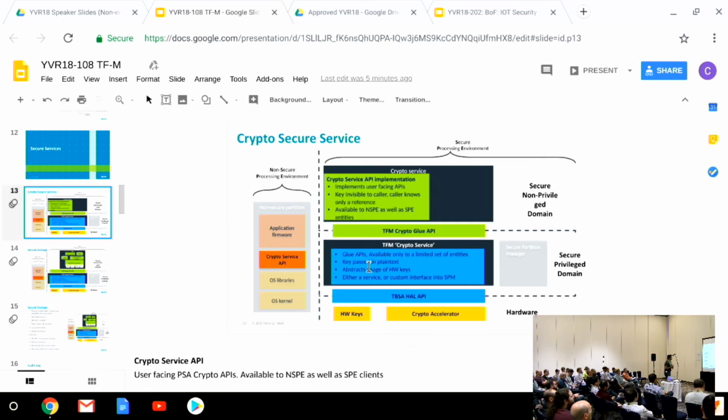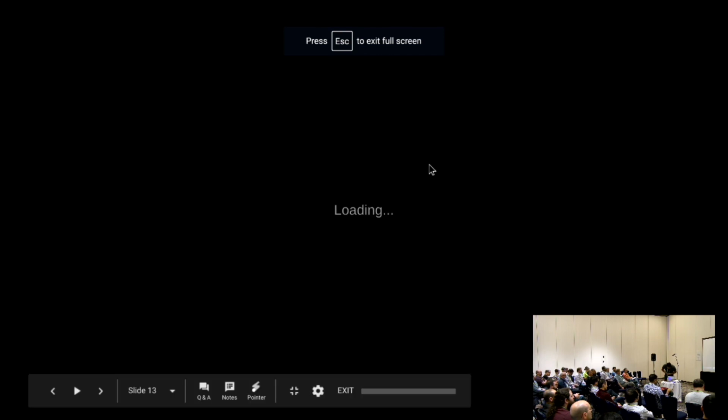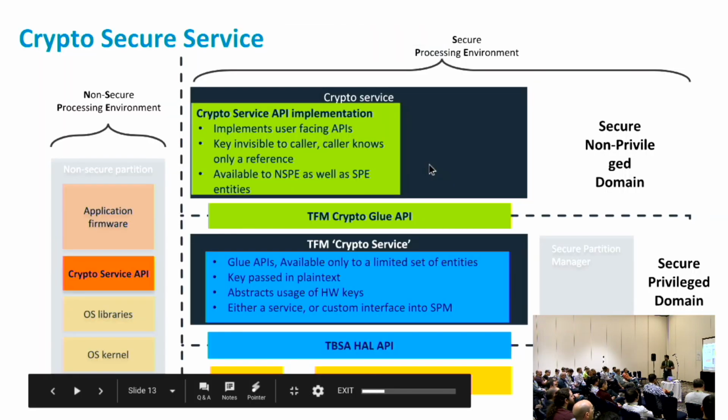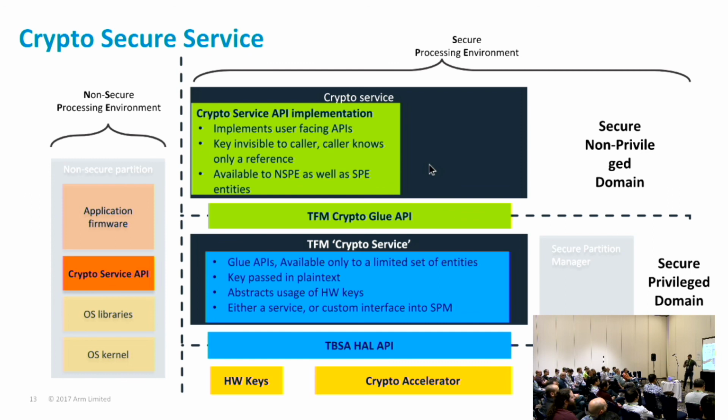So this is again from yesterday. Yeah, so one of the ideas behind this blue box is to standardize the integration of crypto accelerators. So you might have a different hardware down there, but that shouldn't affect the implementation of the rest of the system software.